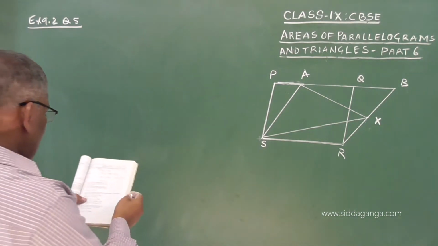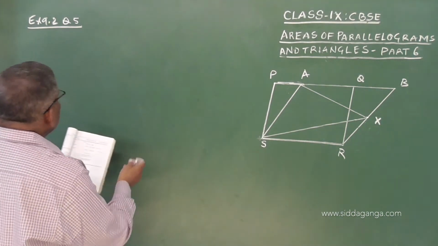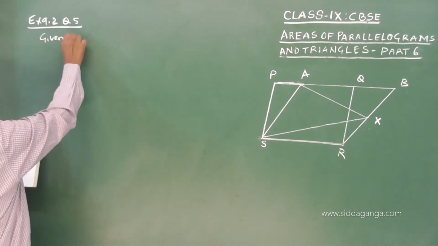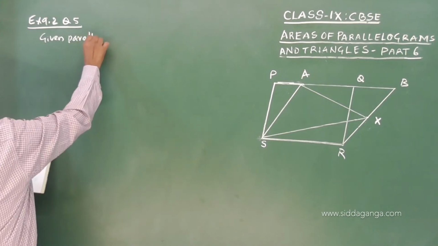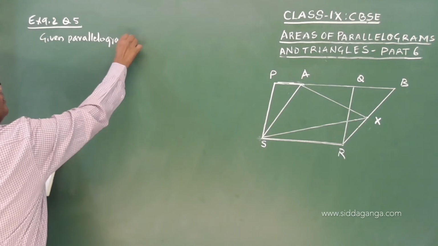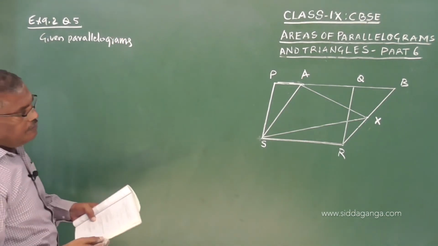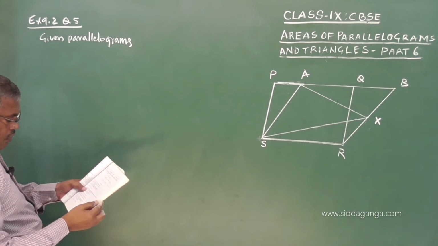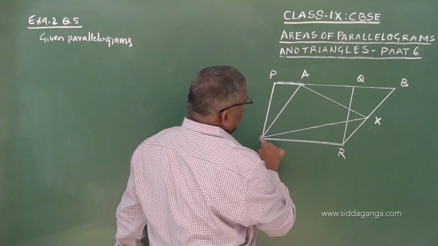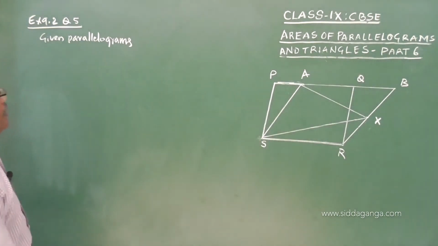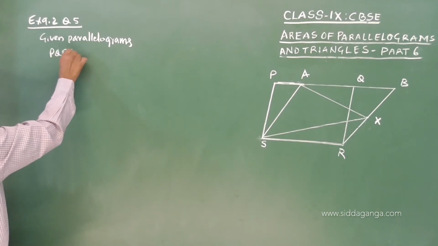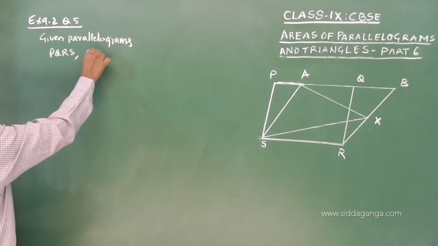Now, the questions are, so given, two parallelograms are there. You can see PQRS and ABRS.